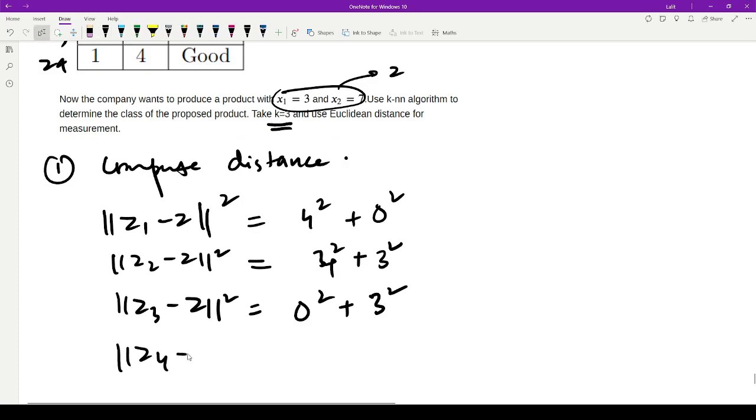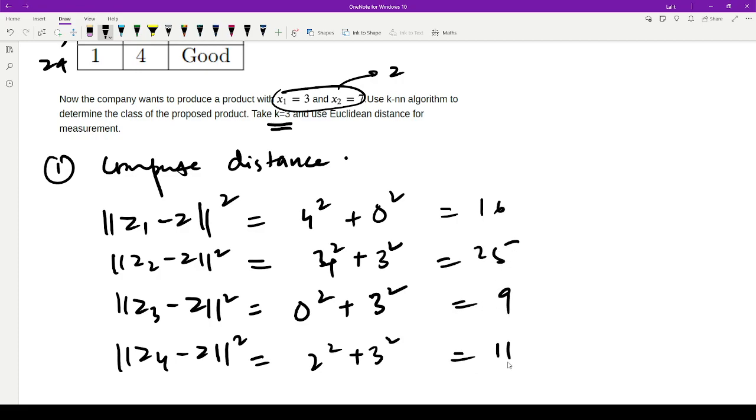The last one is z4 minus z squared, which is 2 squared plus 3 squared. So this will be 16, 25, 9, and, sorry, 9 plus 4, 13.